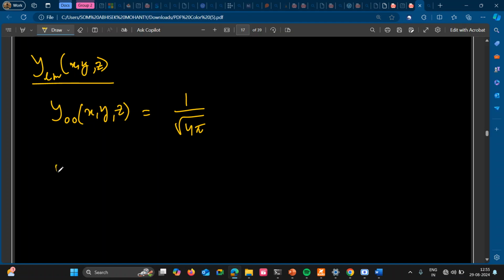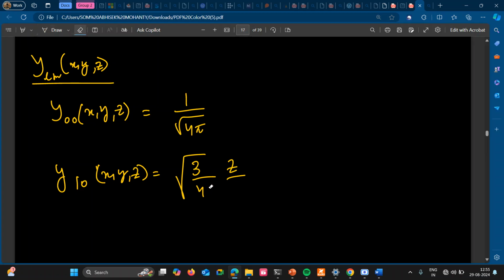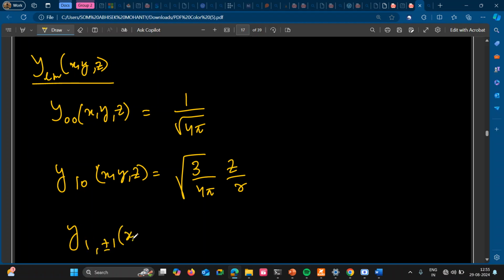Y10 of XYZ is equal to root over 3 by 4 pi, z by r.